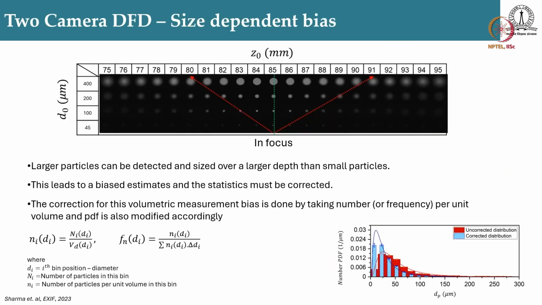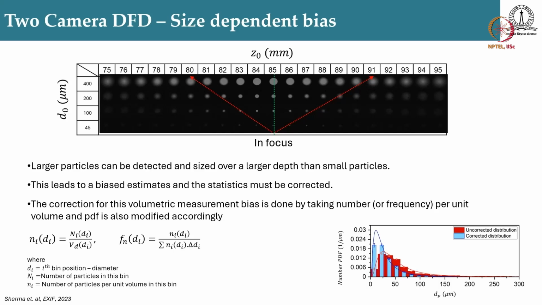As we have seen, larger particles are detected over larger depths compared to smaller particles. So the measurement volume associated with larger particles is bigger. We are seeing them more often than smaller particles because of this bias. And this oversampling of larger particles must be corrected.